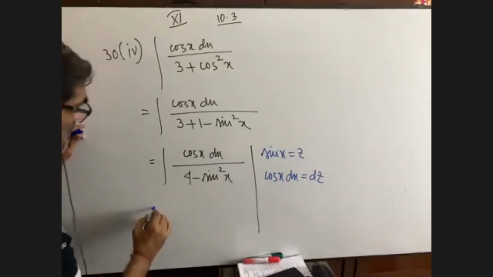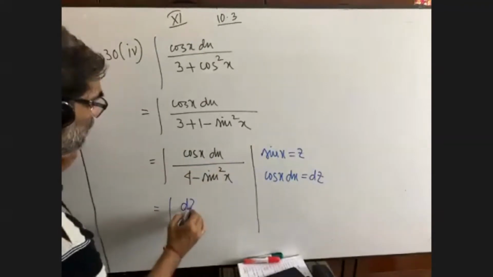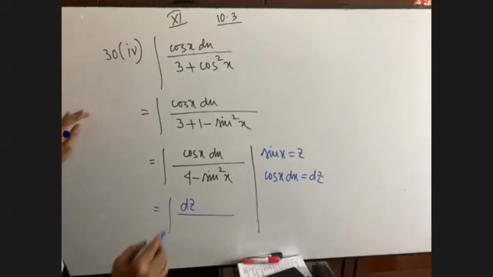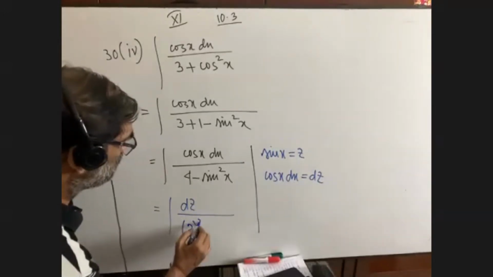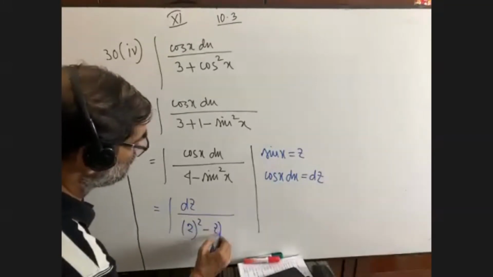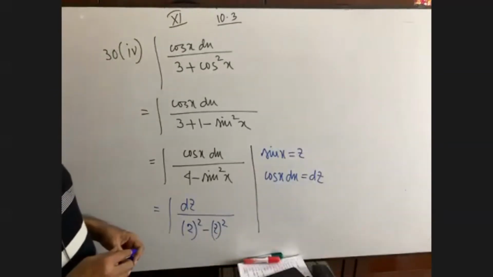That means we are getting dz by 4 minus z square, which can be written as 2 square minus z square. Now you see we are getting the previous formula.